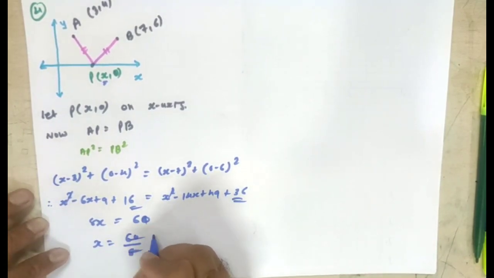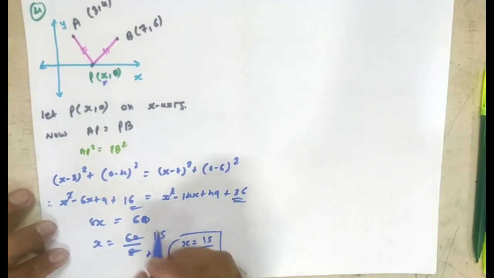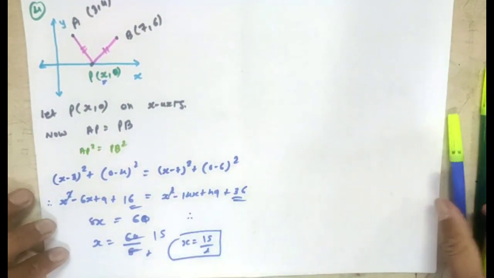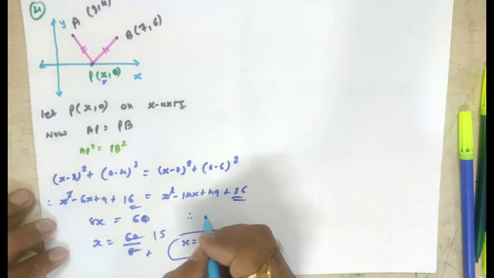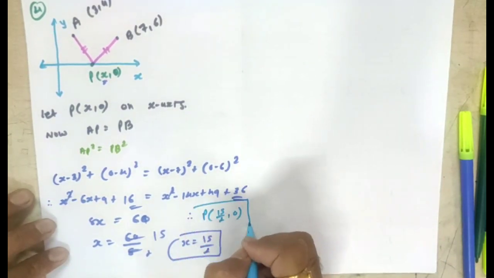Cutting, 4 2s are 8, 15 by 2. So x will be 15 by 2. Done? What is x? It's the x coordinate of this point P. So the coordinates of point P are 15 by 2, 0, which is the answer.